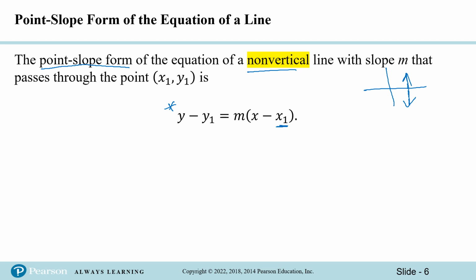Here's the x value that you will be given, here's the y value that you will be given, and the slope. You may have to calculate slope, or they may give it to you. It just depends on how they wrote the problem. Sometimes they give it to you, and sometimes you have to find it yourself. They will give you enough information to find the slope.